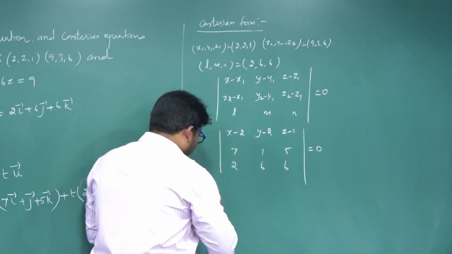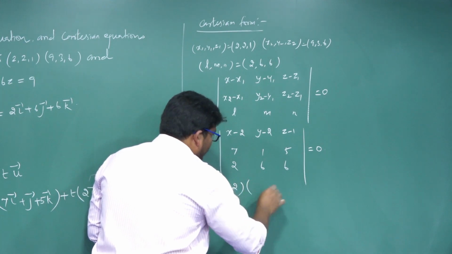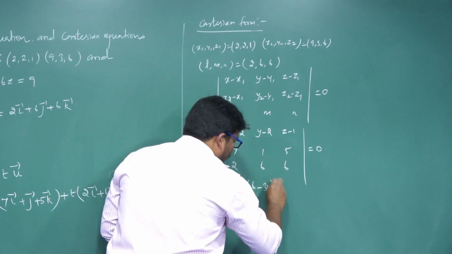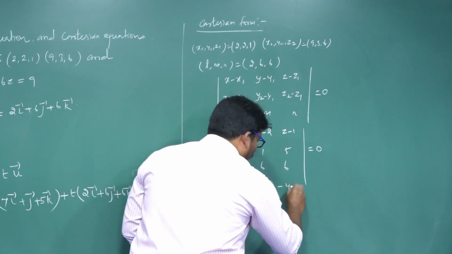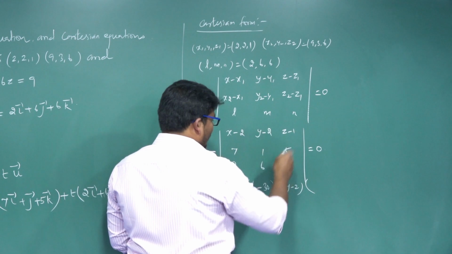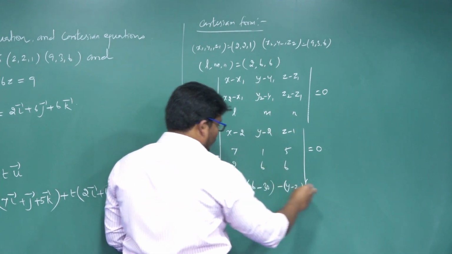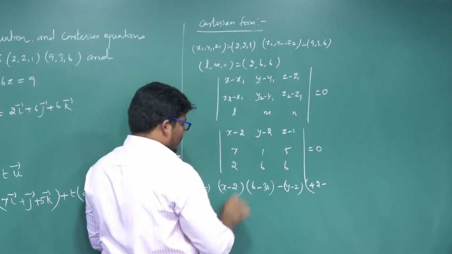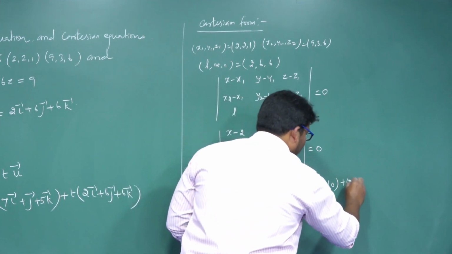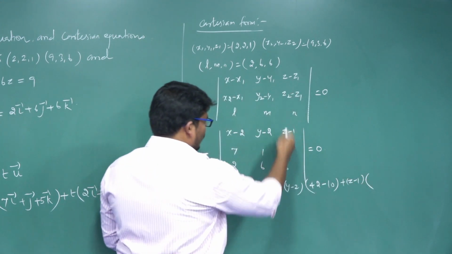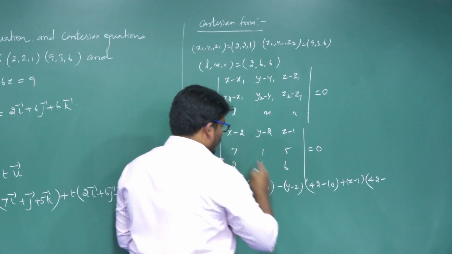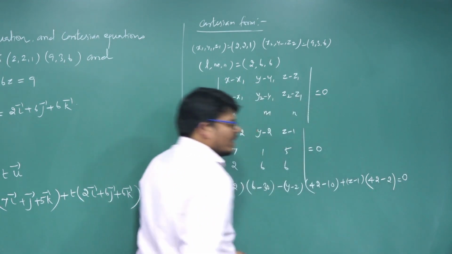Now expanding the determinant: (x - 2) times the minor matrix, 6 ones are 6, 6 fives are 30; minus (y - 2) times the minor matrix, 7 sixes are 42, minus 5 twos are 10; plus (z - 1) times the minor matrix, 7 sixes are 42, minus 2 ones are 2; equal to 0.